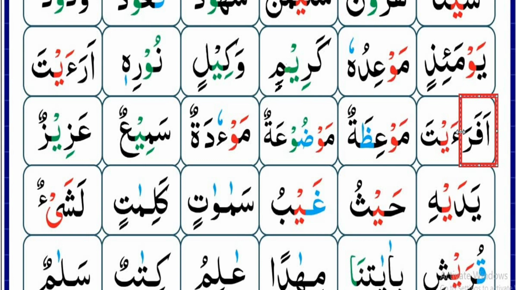So since there is no madda letter here, there is no alif after ra, and the sign also is a regular sign, it's not a standing one. So no reason to stretch the sound. So the word would be afara'aita and not afaraaita. It's afara'aita. So with these regular signs, you should read the sounds as simple as you can. Afara'aita.